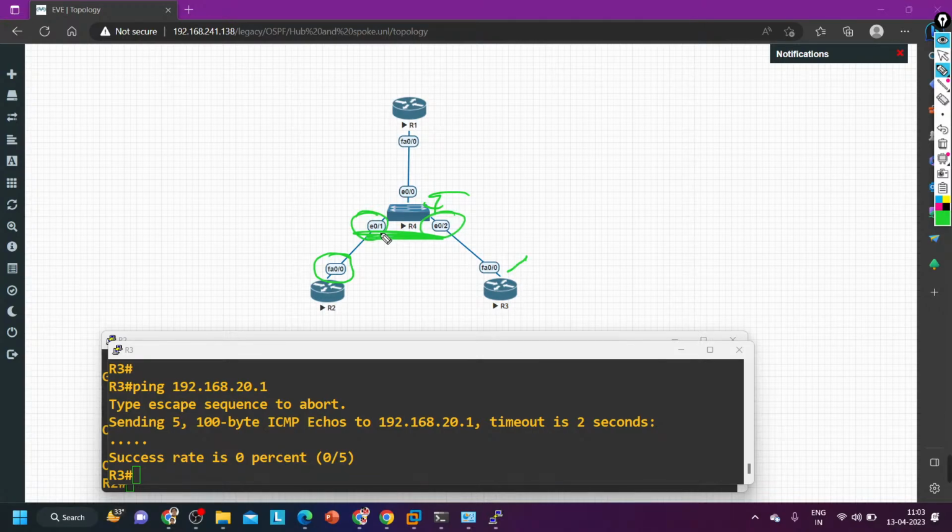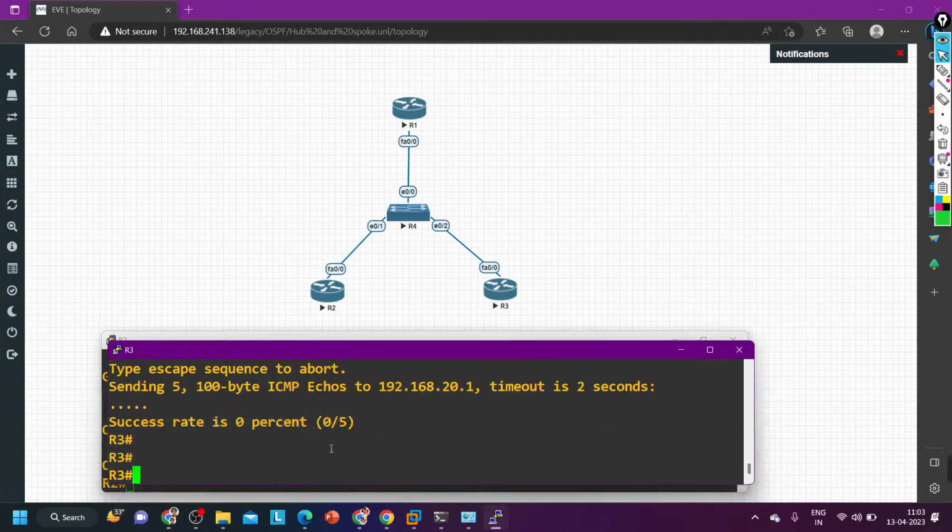Here the destination is 192.168.20.1. So the 20.1 MAC address will be learned on the switch on E0/0. But both ports are protected. So I cannot send traffic from this port. Yes or no? So this is the reason why I am not able to. What we can do is disable next hop self. Yes or no? So what is the command to disable next hop self in OSPF?